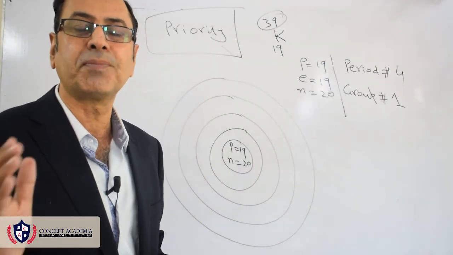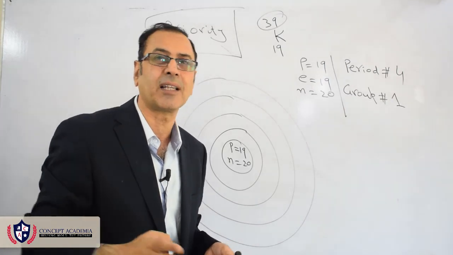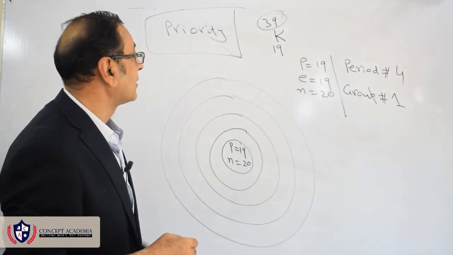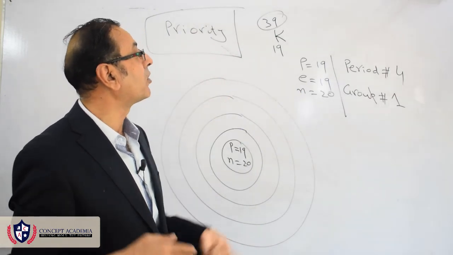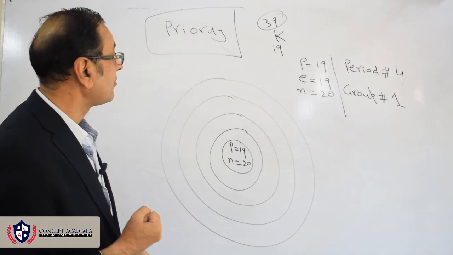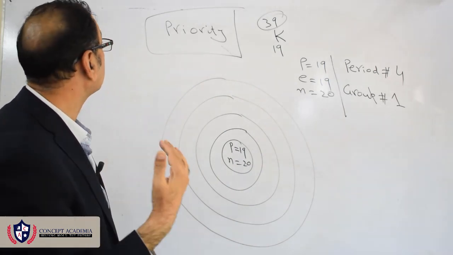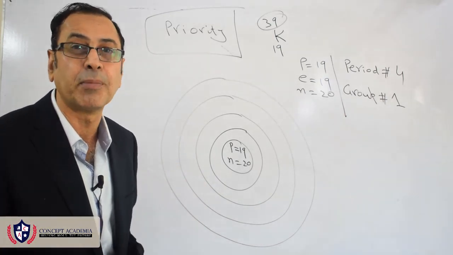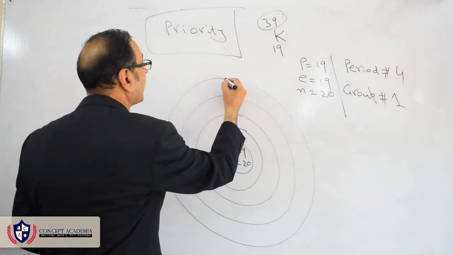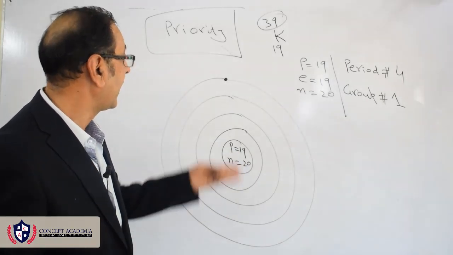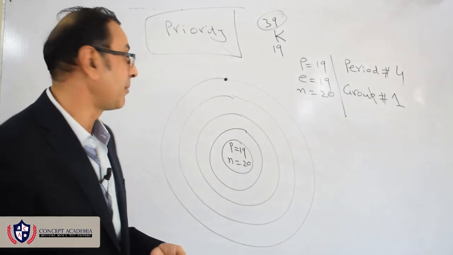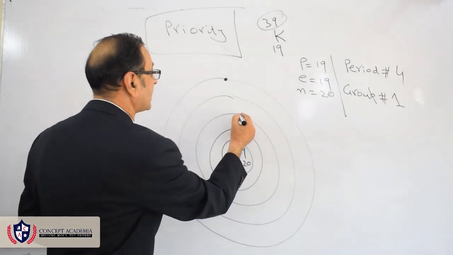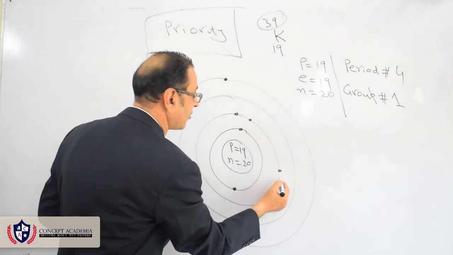First of all, we should make the number of shells, and the number of shells depends upon the period number. Potassium belongs to period number 4, so it has 4 shells. The second priority will be given to the group number, and it is group number 1, so it has only 1 electron in the last shell. Then the first shell can maximum have 2 electrons, the second shell can maximum have 8 electrons.